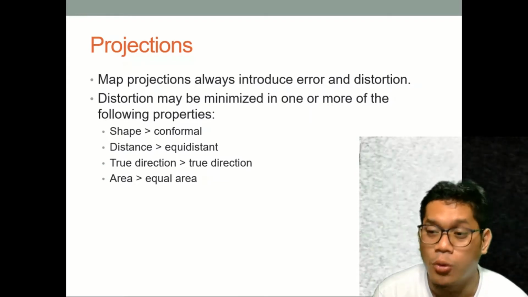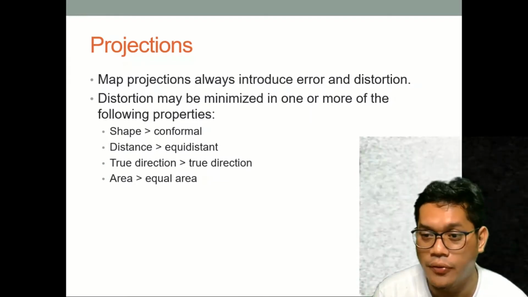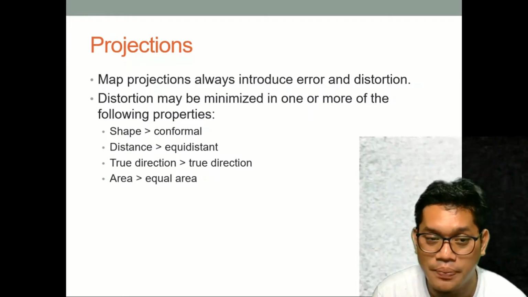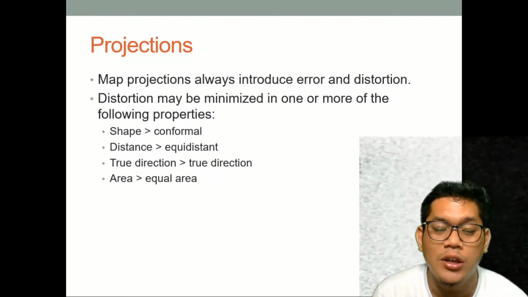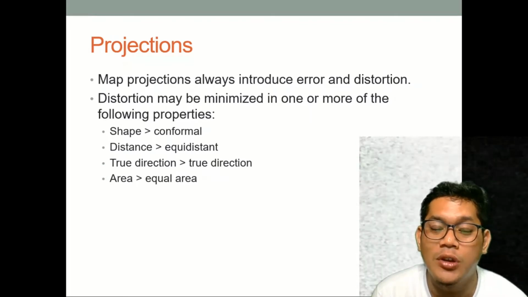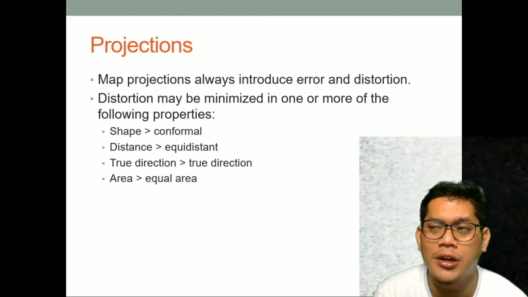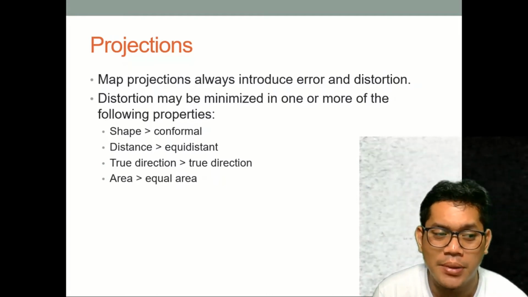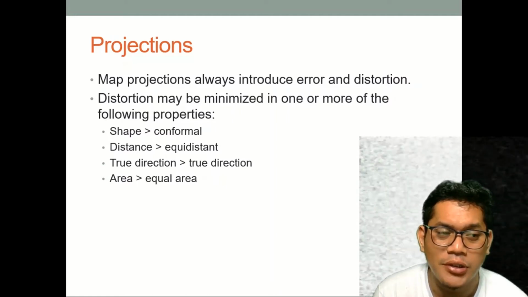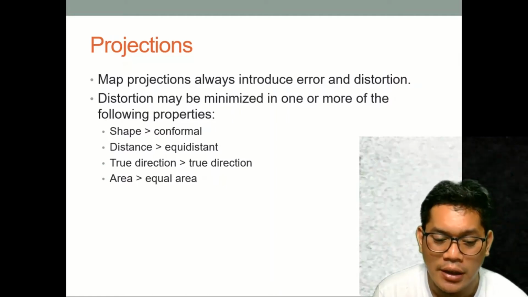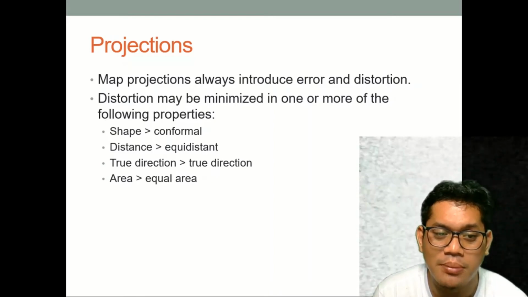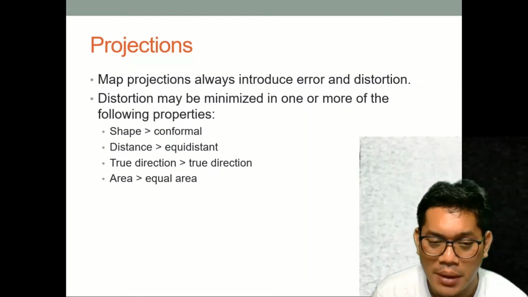True directions, we still keep, because our north is not going anywhere, it is the same north. And for the area, we make sure it is within equal area. That's why in the map, the boundaries might show. We're trying to preserve, as well as possible, the boundaries from the map into the real world.